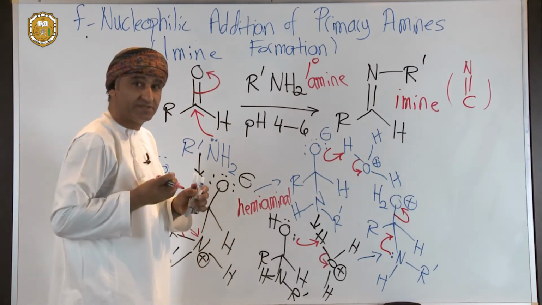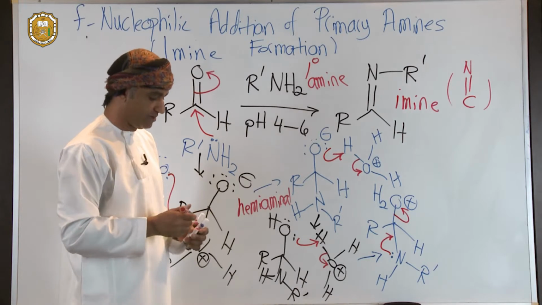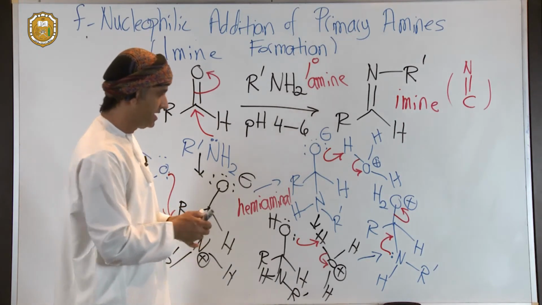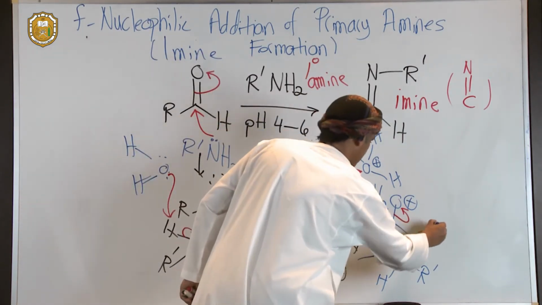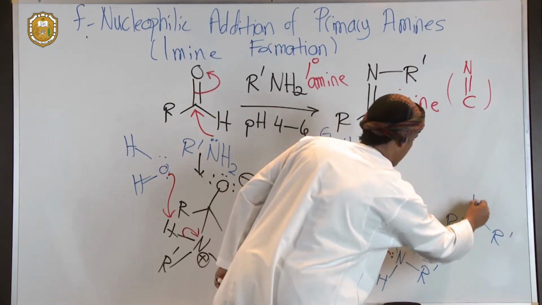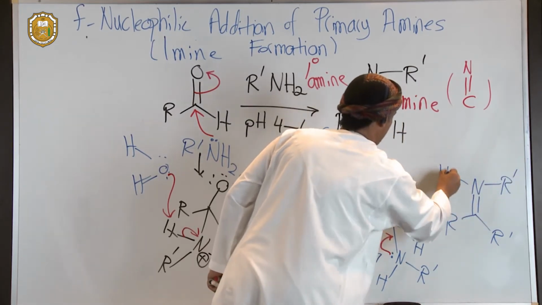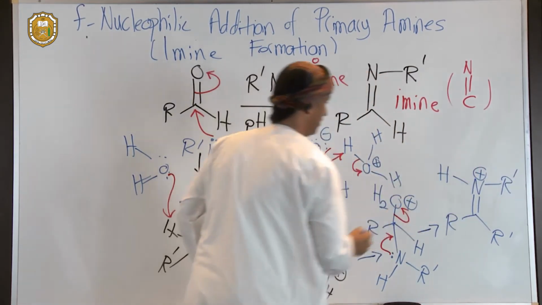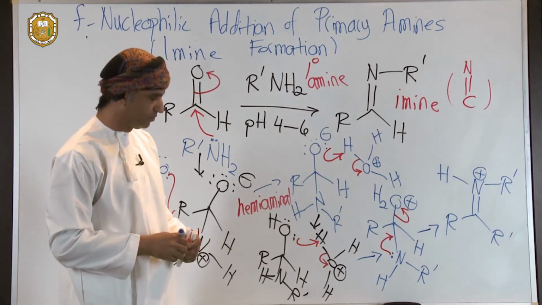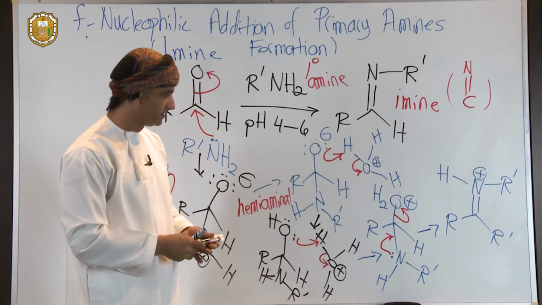So the driving force for the elimination of water is the lone pair on nitrogen. Now what we get is this intermediate, which already has a carbon-nitrogen double bond. So we get that intermediate plus, of course, water, which is eliminated in this step.